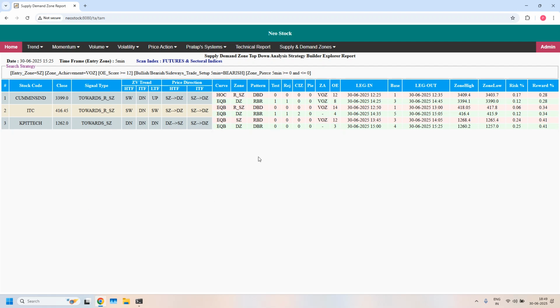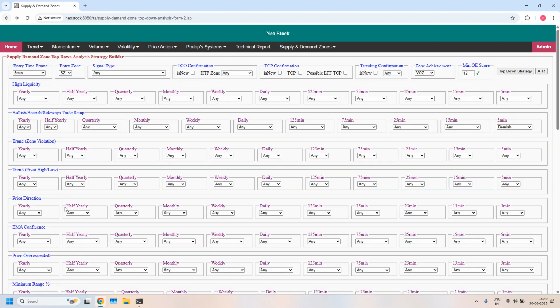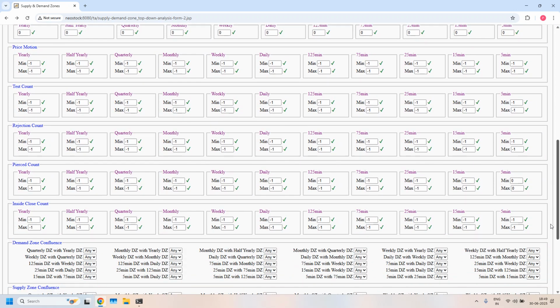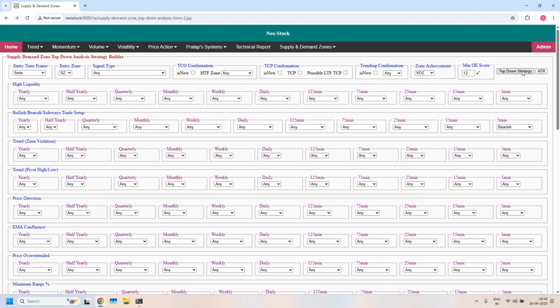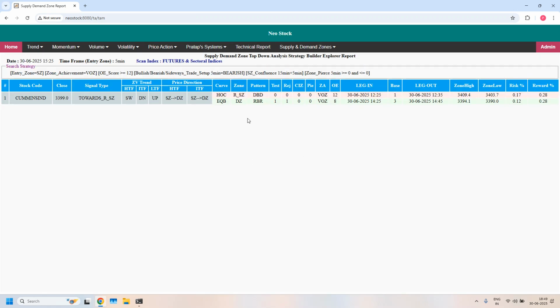Bearish trade setup for hourly income trade and entry time frame zones are 5 minutes supply zones. Out of these 3, any high probability trade setup supported zones available, let us identify. First one is 5 minutes and 15 minutes supply zone confluence. I am enabling the filter. One stock is filtered.